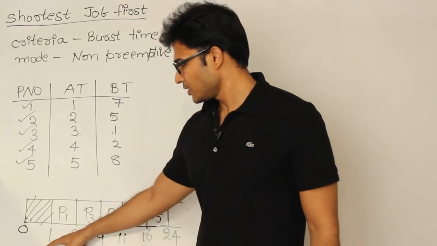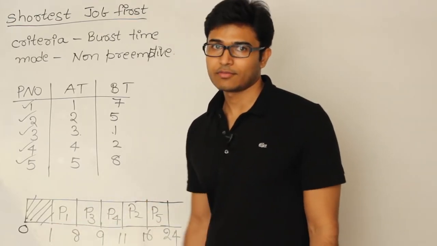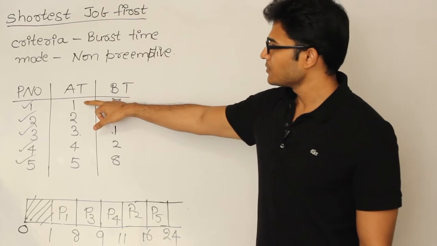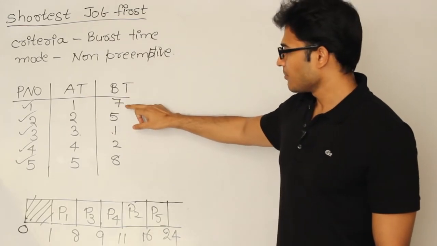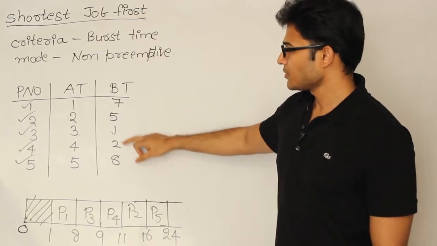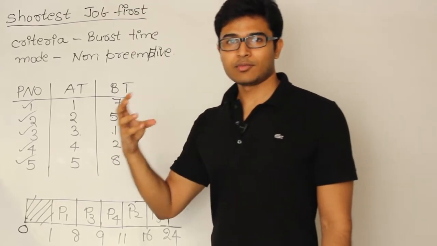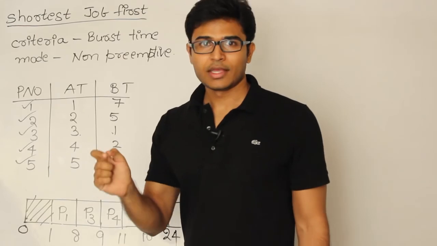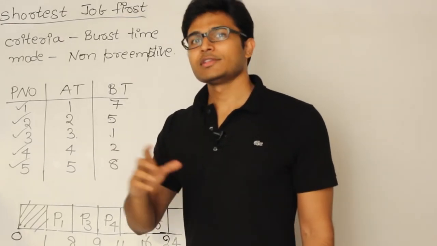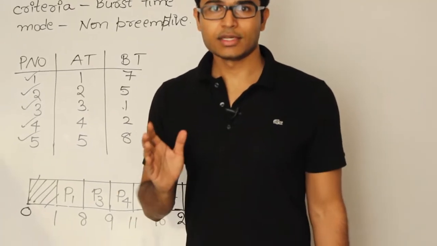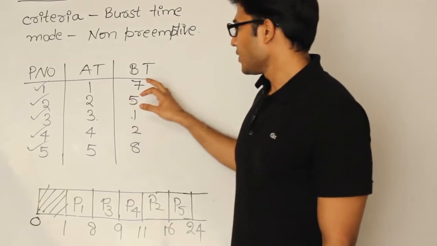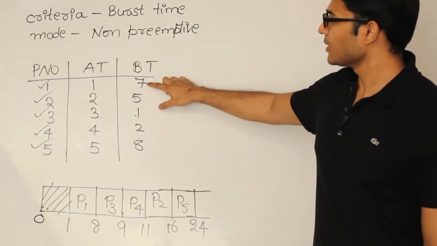When you are standing at time 1, the only process available is P1. That is why it is chosen, but it doesn't mean that P1 is the shortest job, right? Shortest job first works in such a way that among the available processes it takes the shortest job. It doesn't guarantee that, whatever the arrival time, you always start with the least job first. No, right? Therefore in this case it is 7.